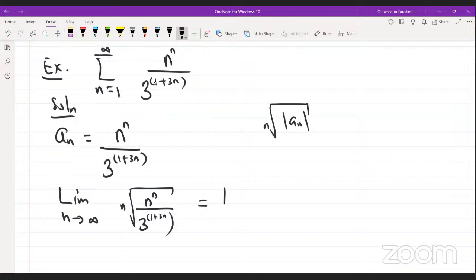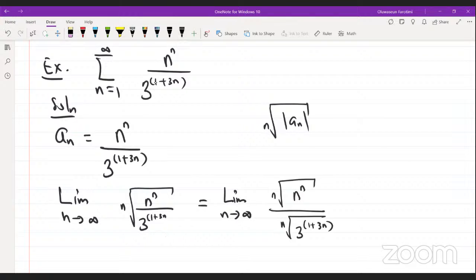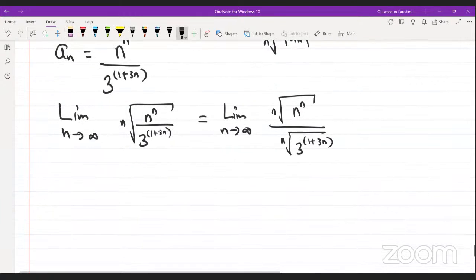Interesting. This is the limit as n goes large of the nth root of n to the n, divided by the nth root of the bottom. Of course, this is just some simple indices. Okay, so what do we see? This is going to be n.